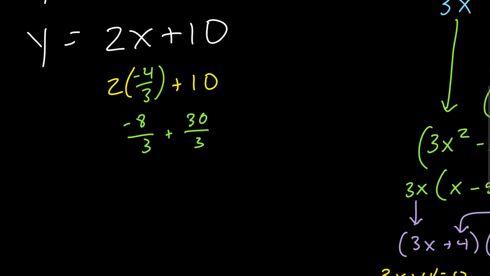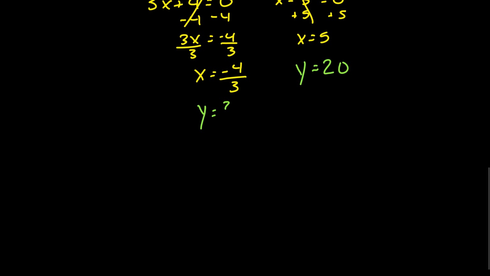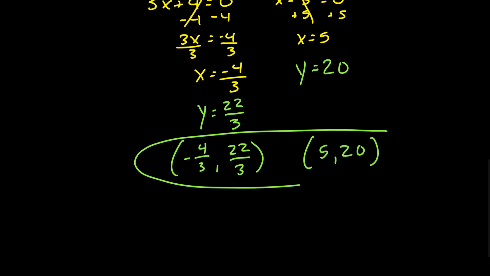What is negative 8 plus 30? 22. 22/3. So when x is negative 4/3, y is 22/3. So I have a solution at negative 4/3, 22/3, and a solution at 5, 20. Now am I done? Yeah.